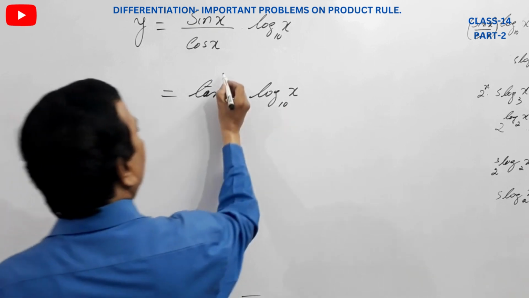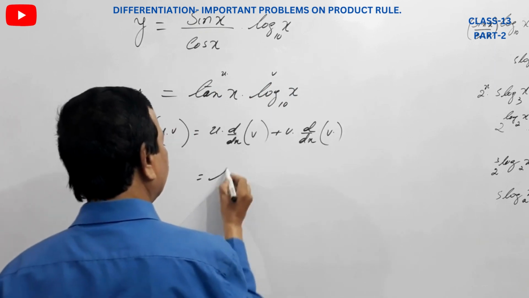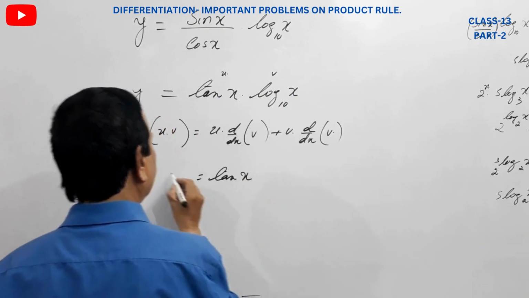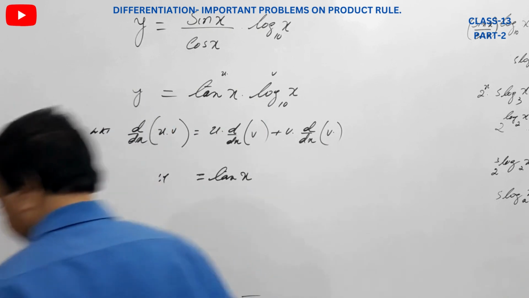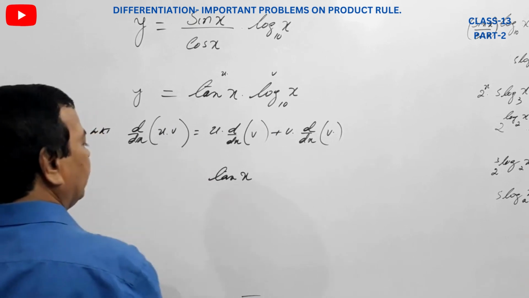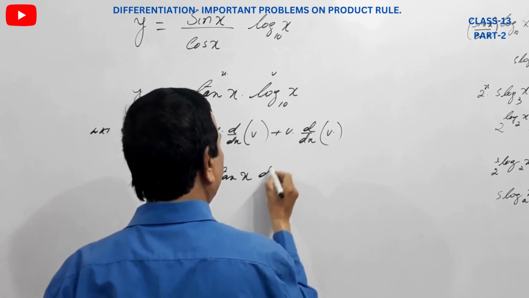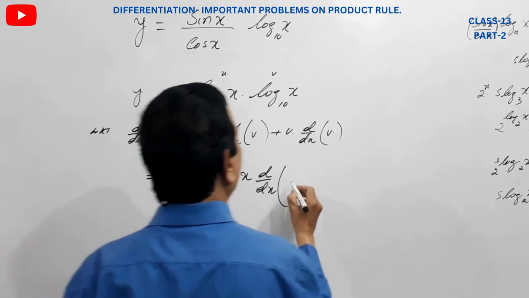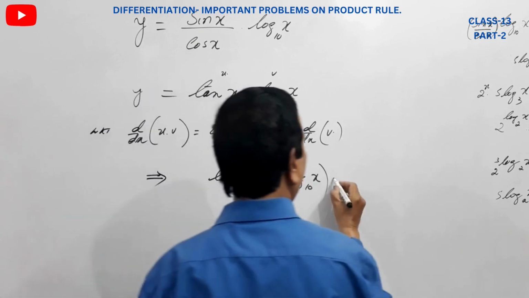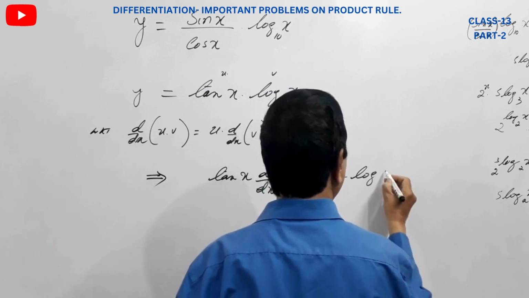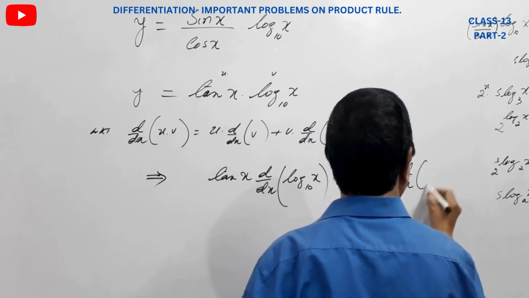This is our UV, isn't it? Product rule. So tan x we keep as it is, which implies I'll keep tan x as it is, and d by dx of log x to base 10 plus I keep this as it is, and d by dx of tan x.